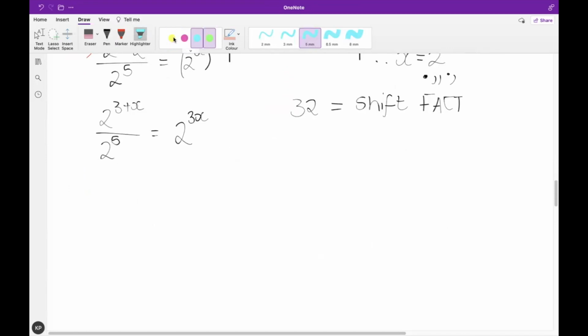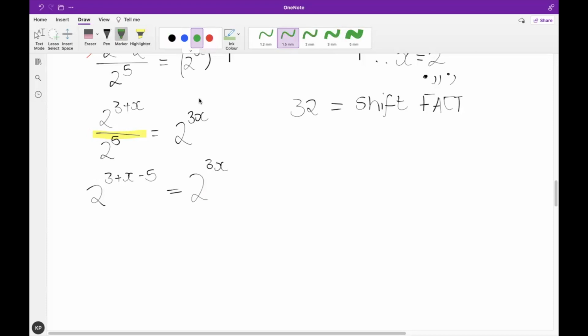Now, on my left-hand side, I still have a division symbol. And laws of exponents say what happens when you have division and the same base? Division and the same base, you subtract your exponents. So then on the left-hand side, I'll have 2 to the power of 3 plus x minus 5, because the 5 was the one at the bottom, is equal to 2 to the power of 3x.